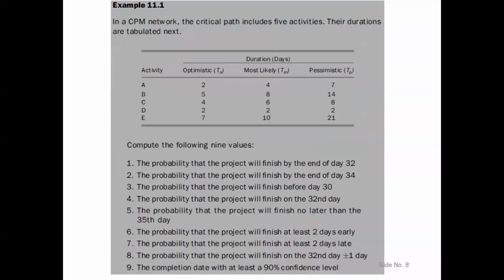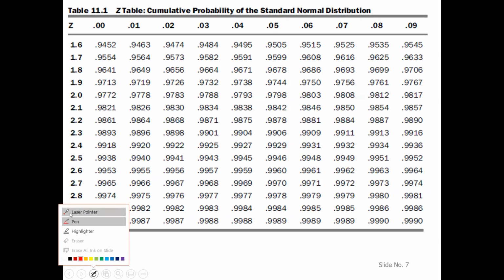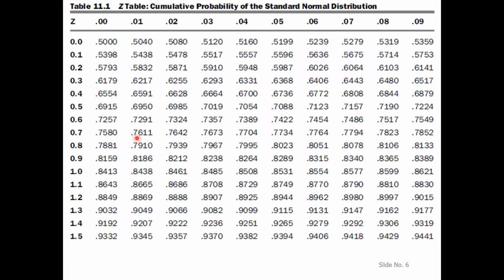We can also see this very easily in the table of z values. We can read z equal to 0.00, and the probability is given as 50%.